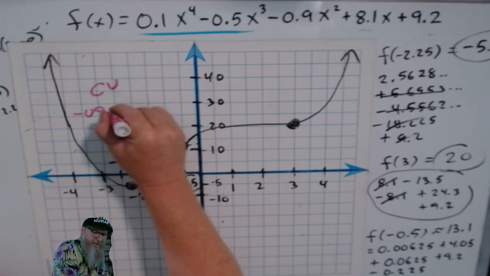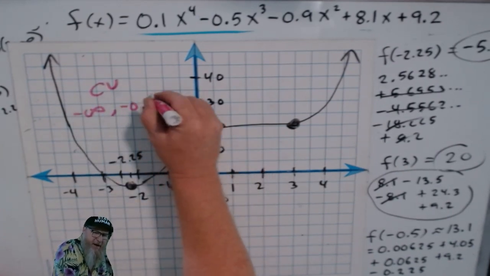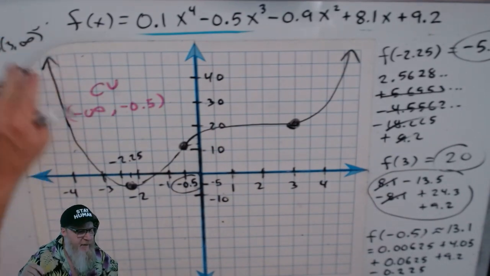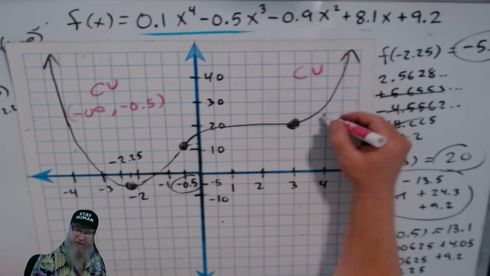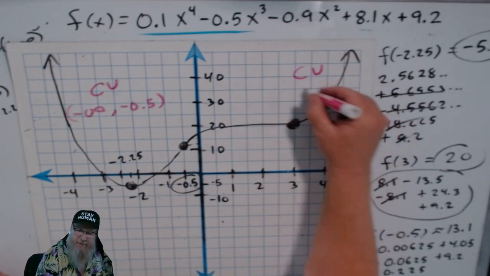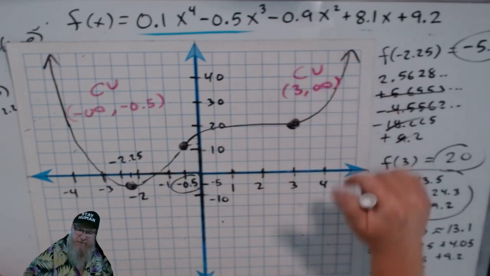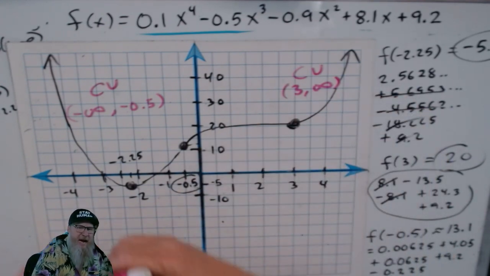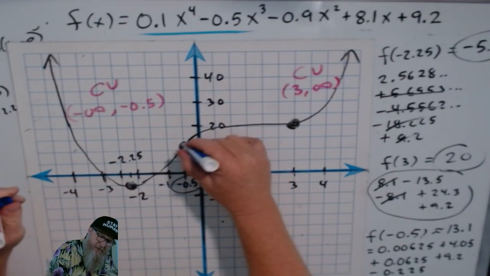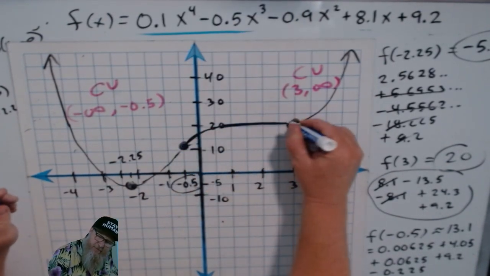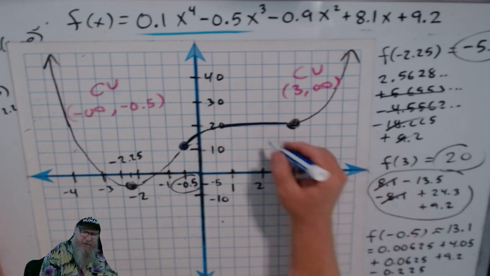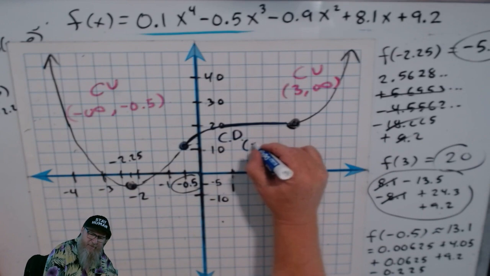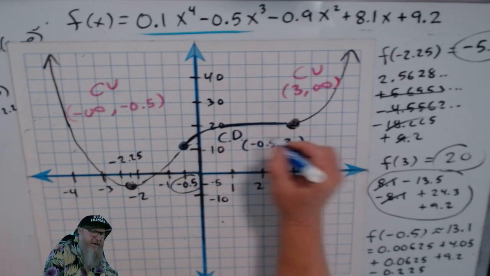CU from negative infinity to negative 0.5. All right. Then again, from 3 to infinity. Yeah. Then we have concave down from here to here. I know I'm stretching it there, but that's concave down, CD, from negative 0.5 to 3.